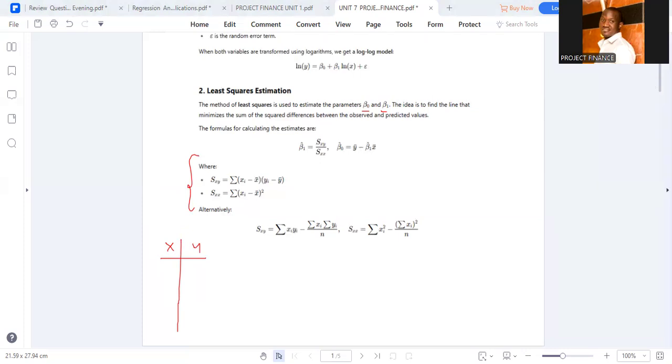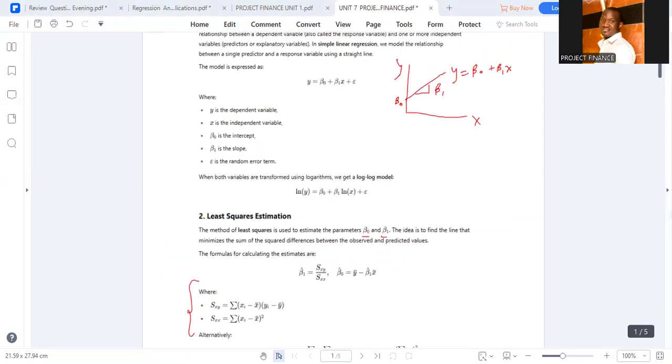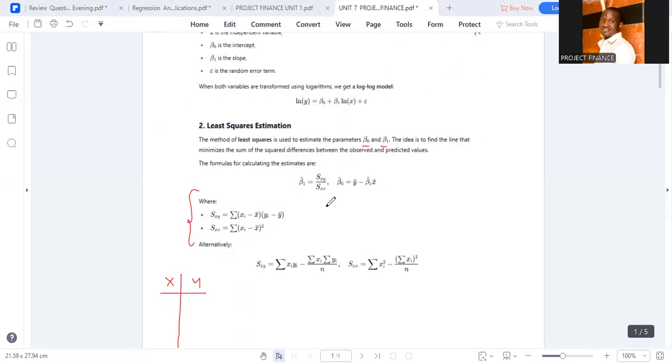So the relationship that you may expect to have would be as follows. This shows a positive relationship. This shows a negative relationship. And this shows no relationship at all.